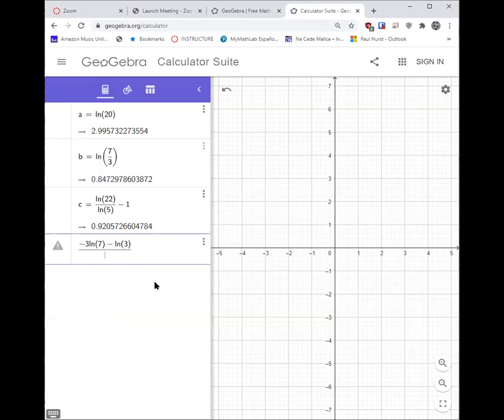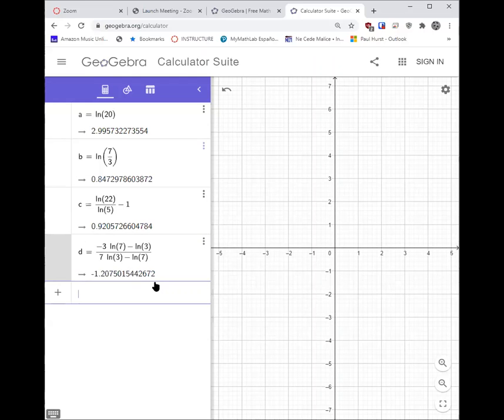Use the arrow key to get the denominator. 7 log 3 minus log of 7. And hit enter there. And I have negative, so 6 decimal places again. Negative 1.207501. This 1 gets raised to a 2, so negative 1.207502.